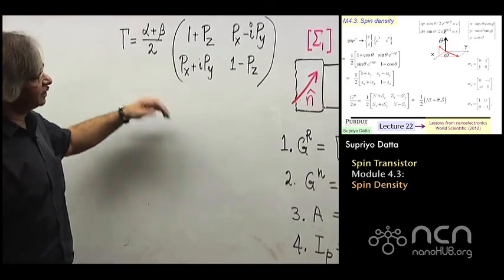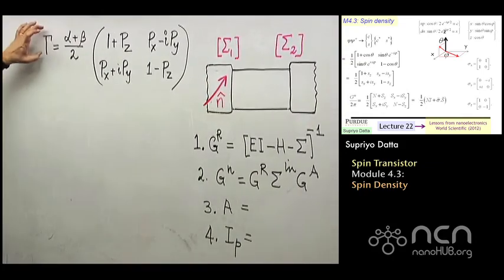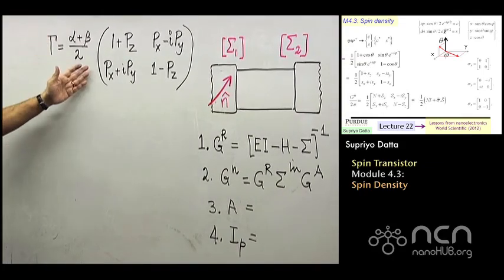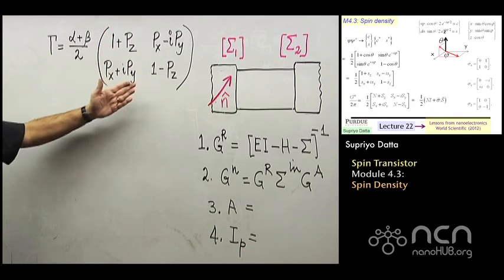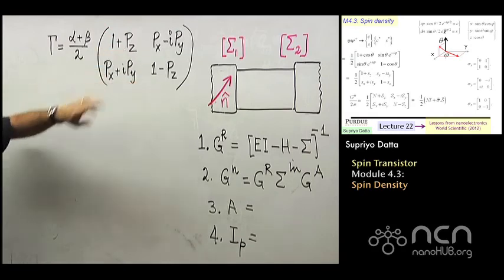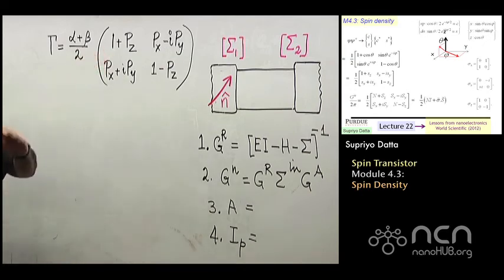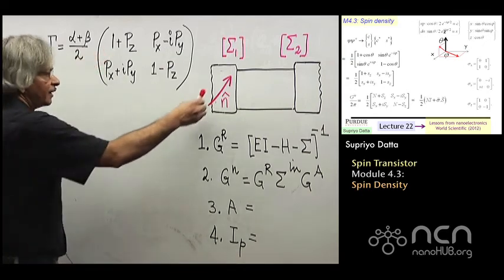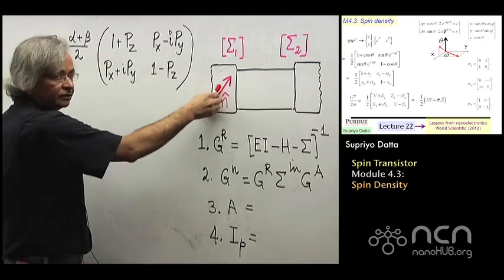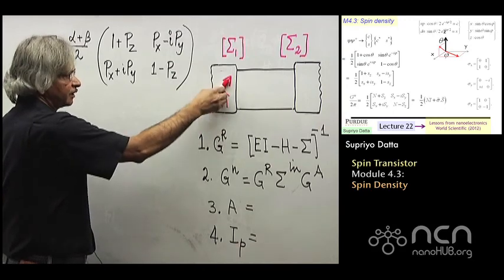Okay. Now, what we did in the last module is, using this, I showed that if you were trying to write the connection to the contact, this gamma matrix, then it would have a form like this, where P is this polarization of the magnet, and it's a vector that points in the direction of the magnet. This N is a unit vector in the direction of the magnet.